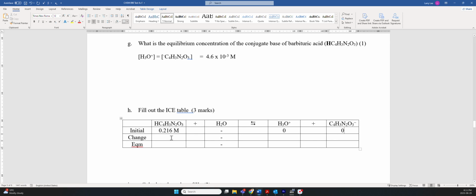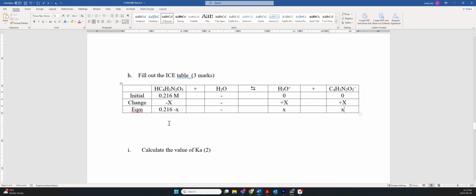The X is going to be a small amount of the acid dissociates. So that's why it's minus X. This will be plus 2X. Equilibrium, the stoichiometric coefficient is 1. So that's why it's only plus X. And then you go and say 0.216 minus X. And these guys are X and X. That's how you get 3 marks.